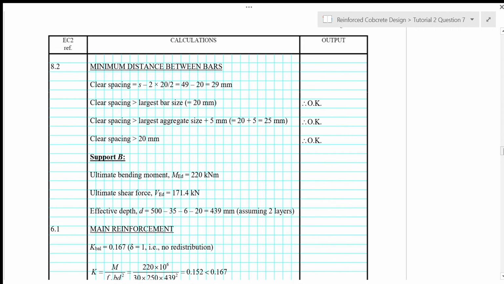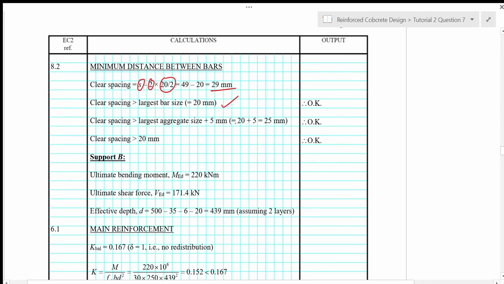So from the spacing of the bars, we can calculate the clear spacing, which is the spacing minus 2 times half bar diameter, so that is 29 mm. The clear spacing must be larger than the maximum bar size, so this is okay. And then the clear spacing must be larger than the aggregate size plus 5 mm.